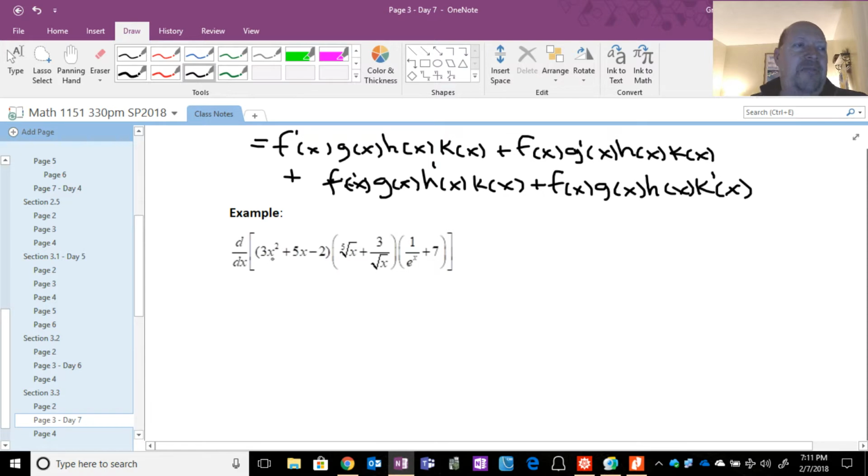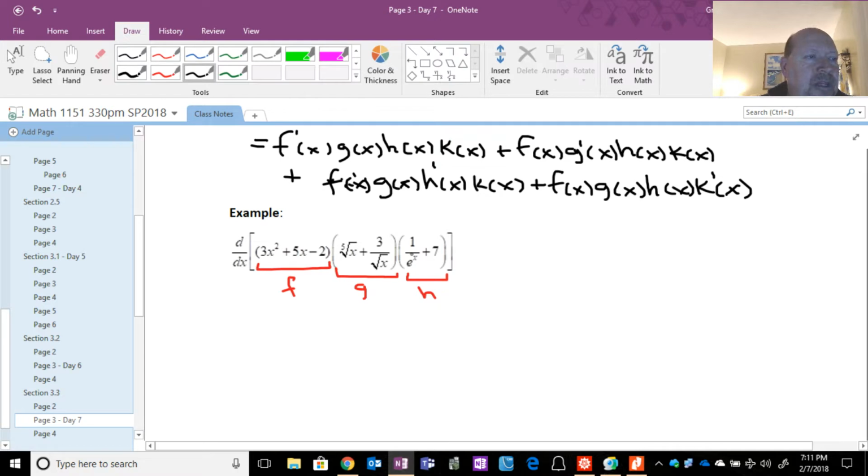So here you have the derivative of our three factors. This is like our f, this is like our g, and this is like our h. So f of x times g of x times h of x, and we're taking the derivative of that product of three factors.